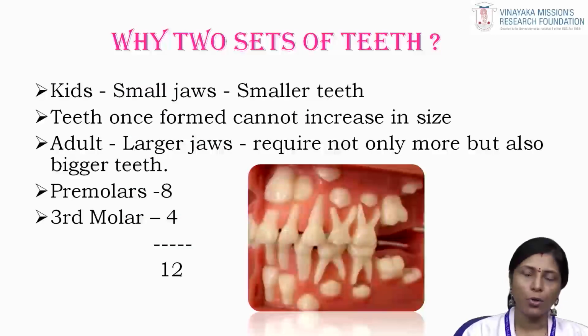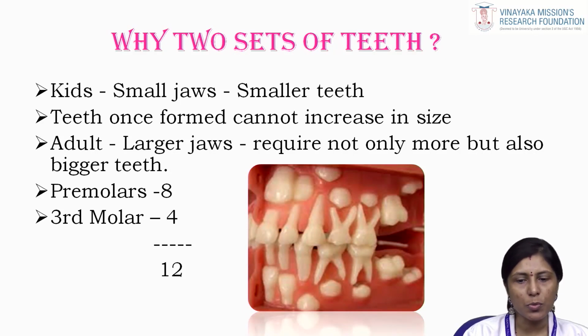So, why do we have to have 2 sets of teeth? When we are kids, our jaw size is going to be small, so we have smaller teeth. As we grow and become adult, the jaw size is going to increase. Teeth, once formed, will not grow in its size.